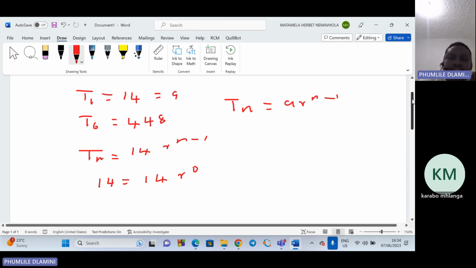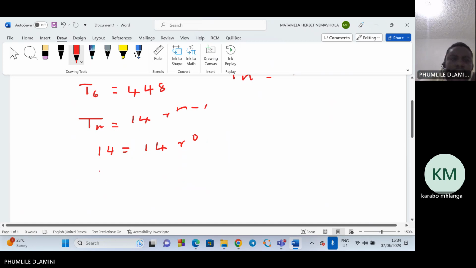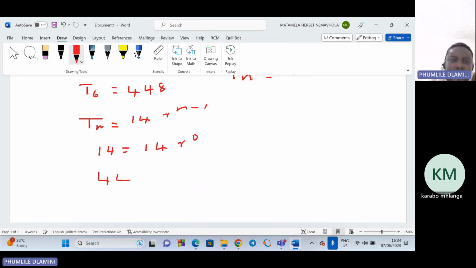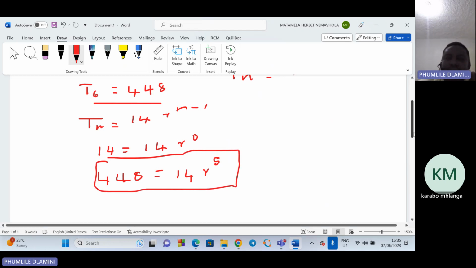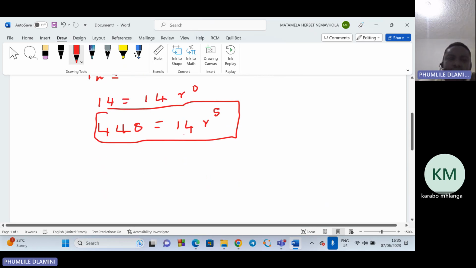Then for T6, we know that T6 is 448. We are using T6 now. 448 equals 14 times R to the power, where n is 6, so 6 minus 1 is going to be 5. You see that? So now, when we have this, you can be able to do what? To get R, we can divide by 14.